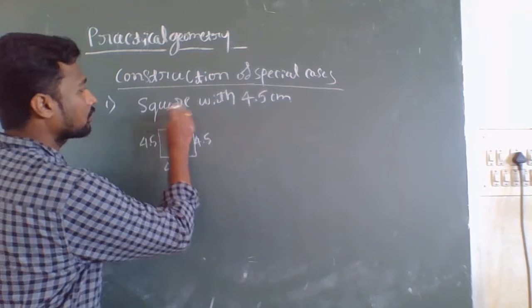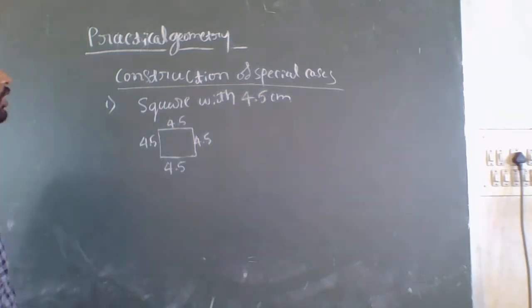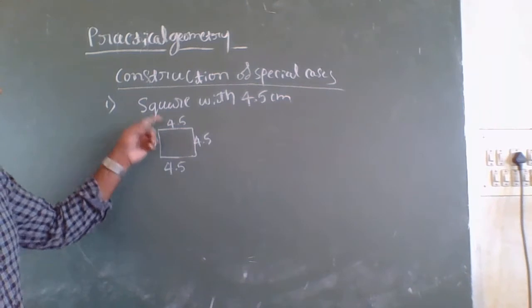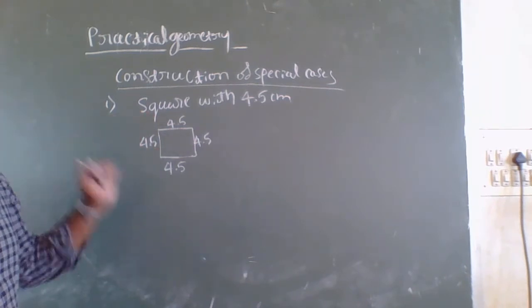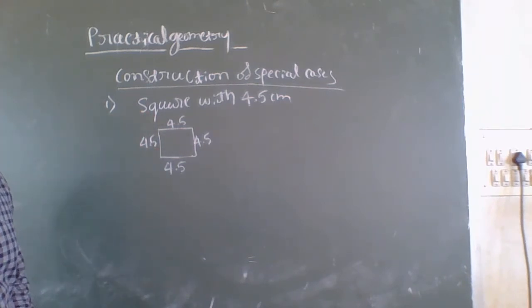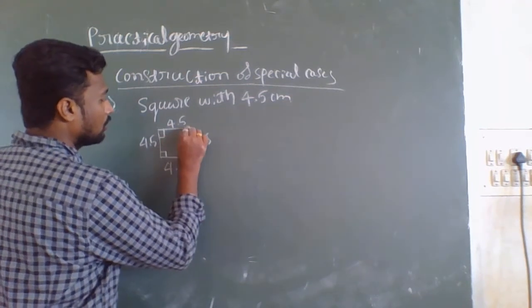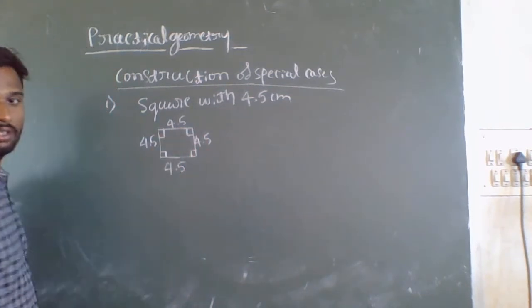Because they are given square with 4.5 centimeters, and we all know the property of square. What is that? Here all the sides are equal to each other, therefore all the sides should be 4.5 centimeters only. Like this only, we all know here in a square all the angles are 90 degree only.